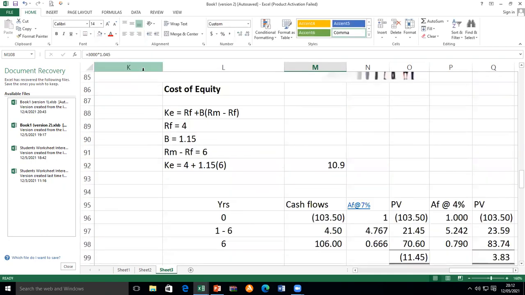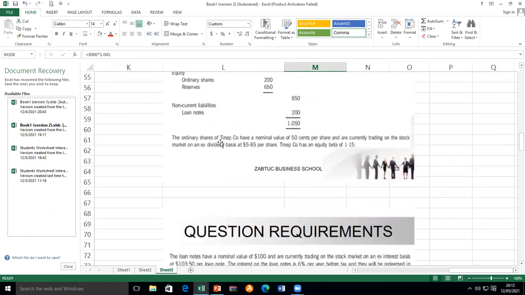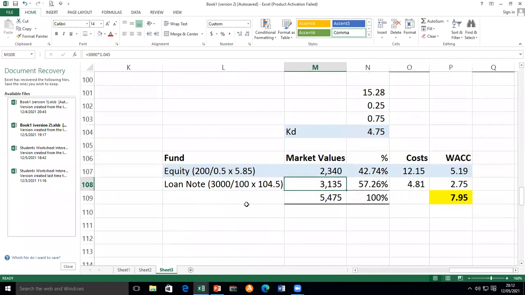What of the loan note? Loan note 200 is here at 103.5, so it's 200.